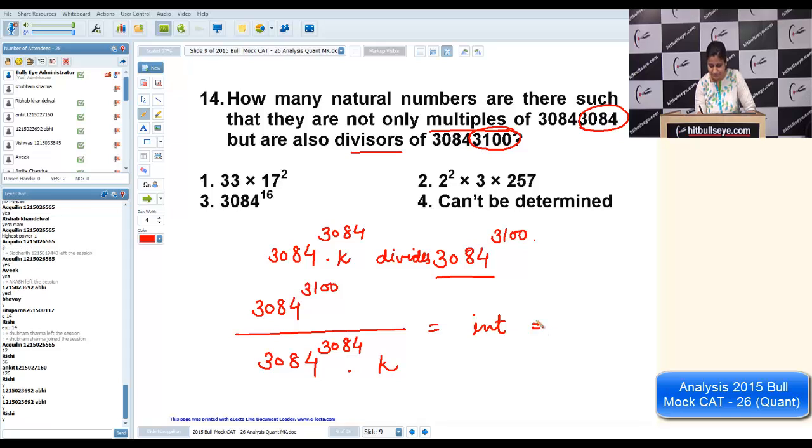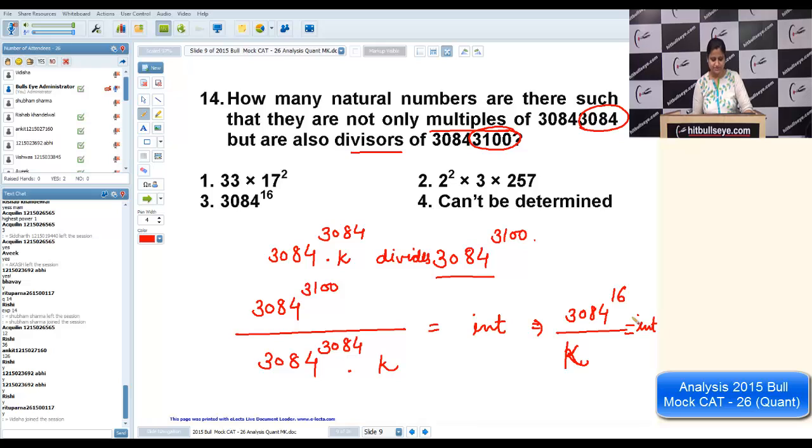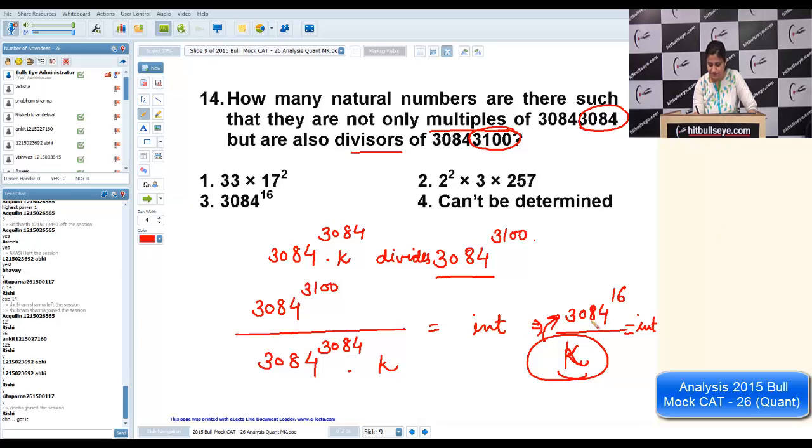So if we solve it, we'll get 3084 raised to power 16 divided by k, it should be an integer always. So we can say that k should be a factor of 3084 raised to power 16. Okay, if k should be a factor of this, you can write the prime factorization of 3084 raised to power 16 and you can apply the factor formula we have discussed in the previous sum. Yeah, got it?